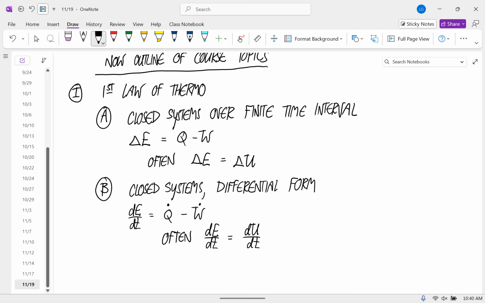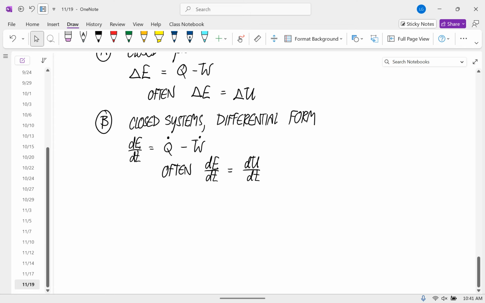And then for closed systems in differential form, we had a little side project when we were talking about heat transfer equations. So if you're doing calculations with heat transfer, you're almost always going to end up using this differential form, because that's the form that we had for heat transfer equations.